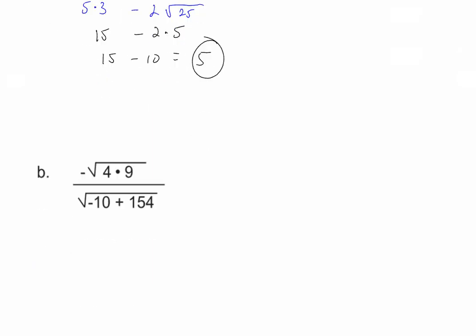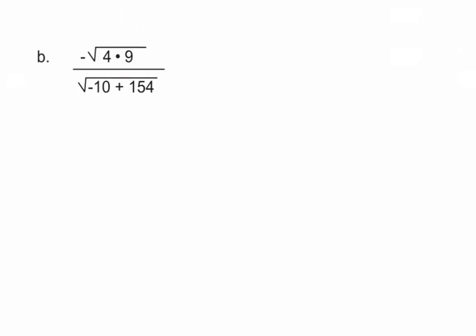All right, let's wrap up with B. See if you can take B as far as possible. I'm going to pause and let you see what you can do. Hopefully everybody said 4 times 9 is 36, and the square root of 36 is 6, but don't forget that negative in front. Right now the top is a negative 6.